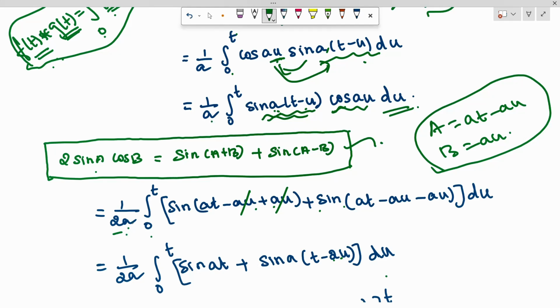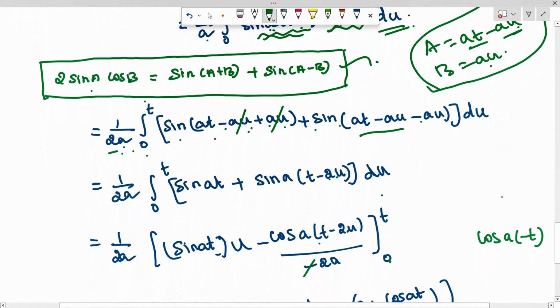Already we are having 1 by a, which is 1 by 2a integral 0 to t sin of a plus b. A is at minus au, plus b is au. Here au has opposite sign, we can remove these two terms, plus sin of a minus b. A is at minus au written here, minus b is au written here, into du.